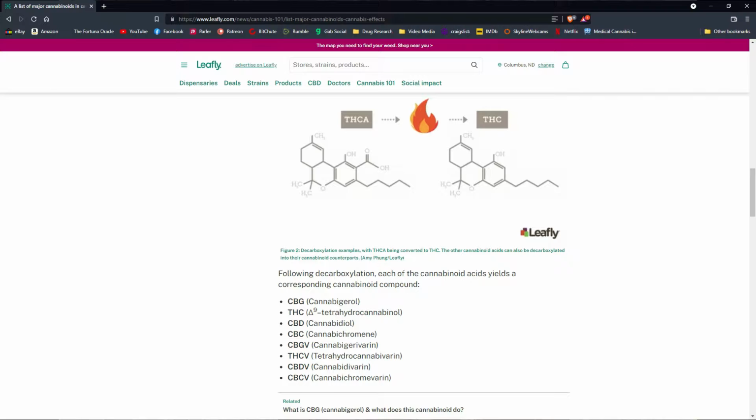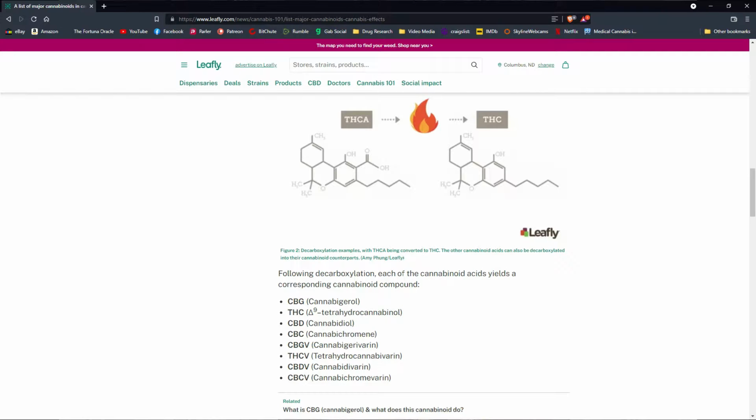All of these, CBGA, THCA, CBDA, CBCA, all of these during decarboxylation will be changed. Following decarboxylation, each of the cannabinoid acids yields a corresponding cannabinoid compound.